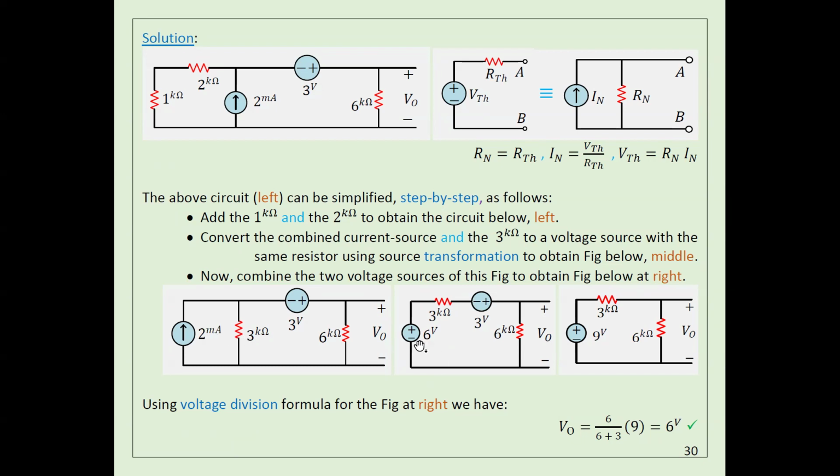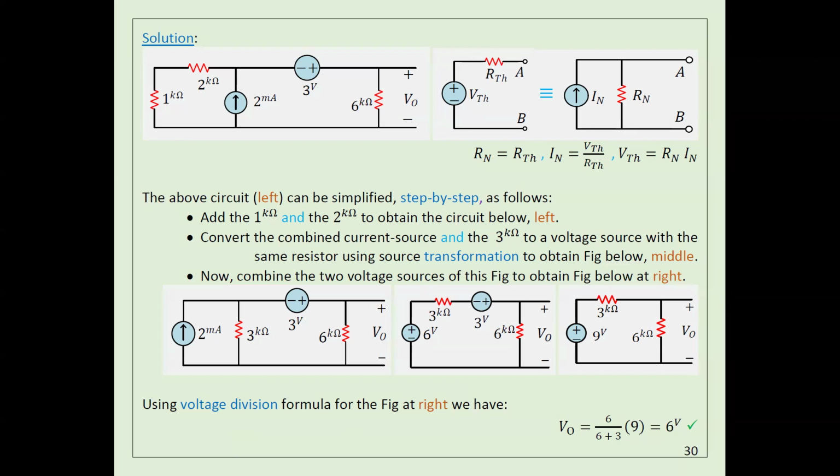Very easy. You got it? Did you see what I did? So number 1, I want to replace the current source by a voltage source this way. To do that, the resistance here is the same resistance as this one. The voltage here is actually I times R. Very easy. So now this is my circuit.